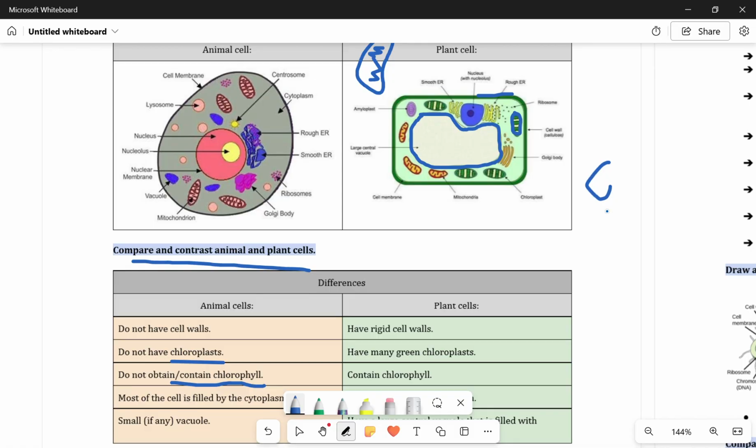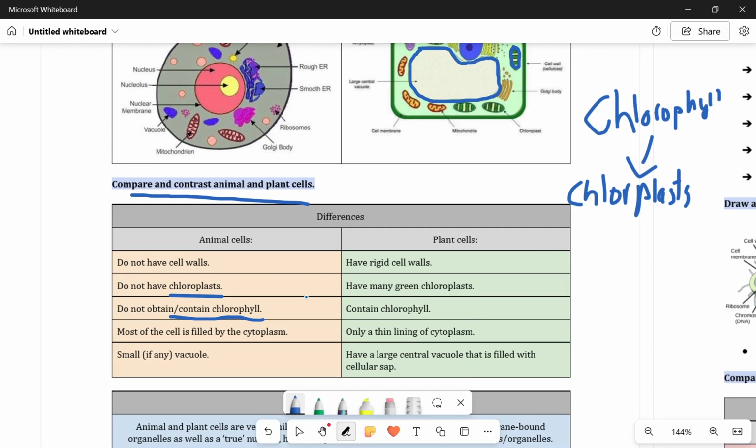Remember, chlorophyll is inside chloroplasts. So chloroplasts contain chlorophyll. In animal cells, most of the cell is filled by the cytoplasm.